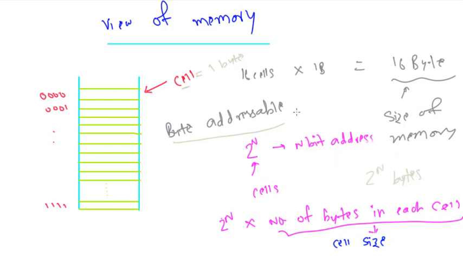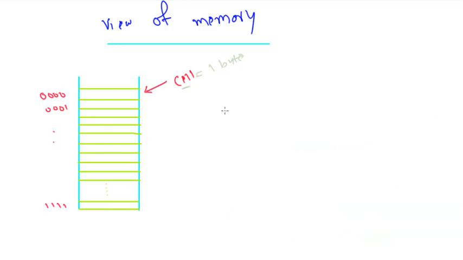Now the question is how we store data in memory. Let's say I have a 4 byte integer. I am using hexadecimal notation because in binary 4 bytes means 32 bits and I would have to represent 32 ones and zeros. To avoid this, I am using hexadecimal notation. Let's say I have an integer.